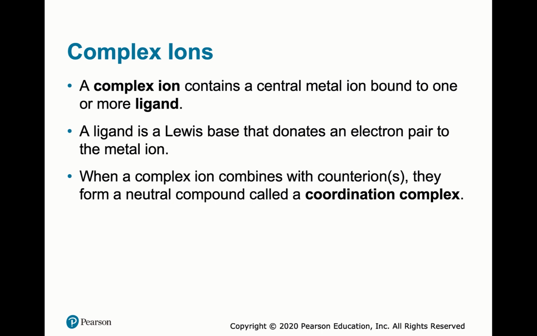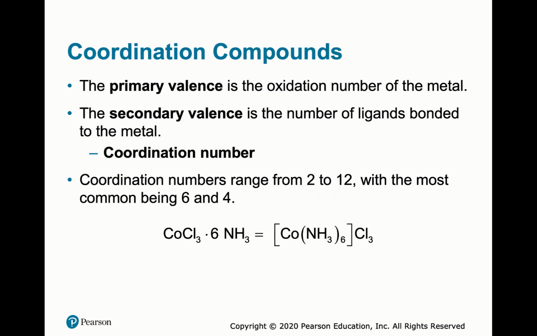So let's talk about complex ions. It's complex, meaning it's got more stuff around it, and the stuff we give a name, a ligand. And what is a ligand? A ligand is a Lewis base that donates electron density into the central metal. When you combine it with other ions, it becomes a coordination complex.